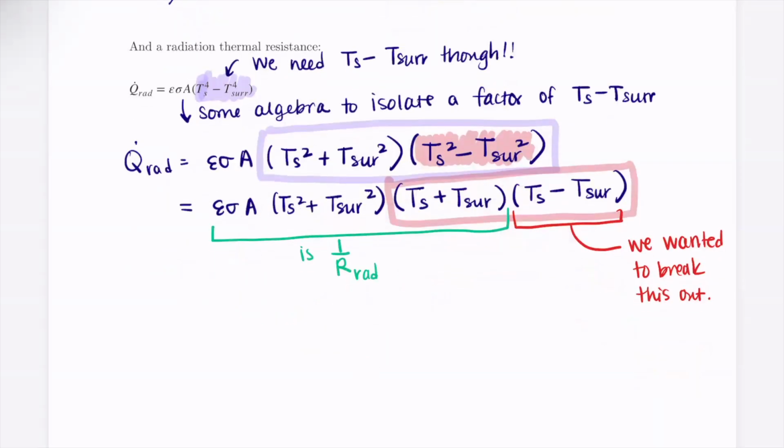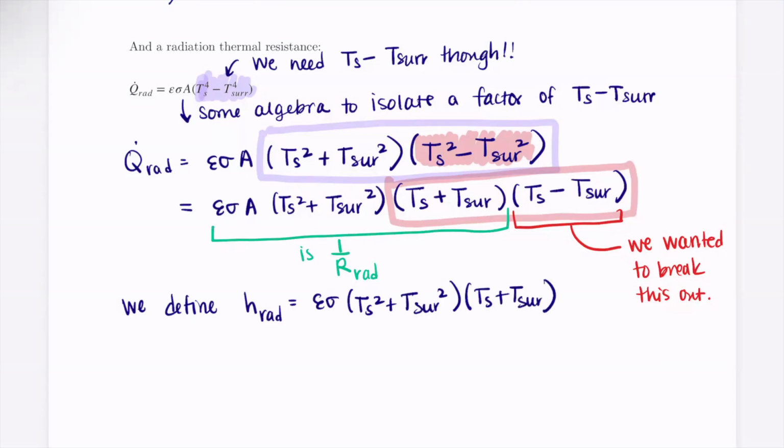And I will note here that the standard practice is that we define a radiation coefficient, H_rad, equal to epsilon times sigma times (Ts squared plus T surroundings squared) times (Ts plus T surroundings). So we get that Q dot rad is H_rad times A times (Ts minus T surroundings).